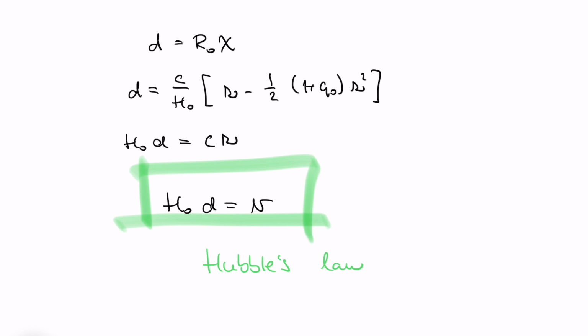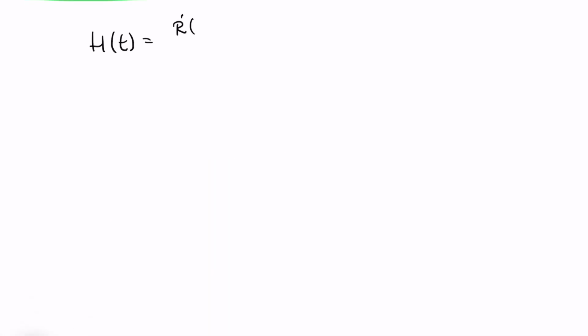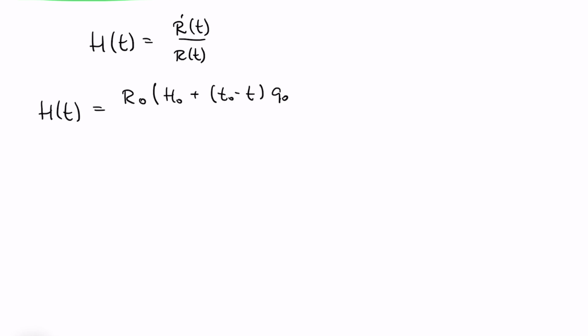We see from this derivation that the Hubble constant is only constant just now, but otherwise it is a function of time. Recall that it was given by this ratio. Now, to get a first estimate of how this function of time looks, we use the Taylor expansion for r and r dot.